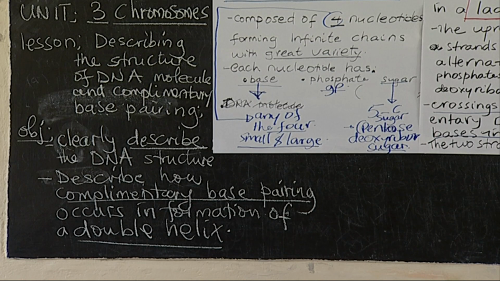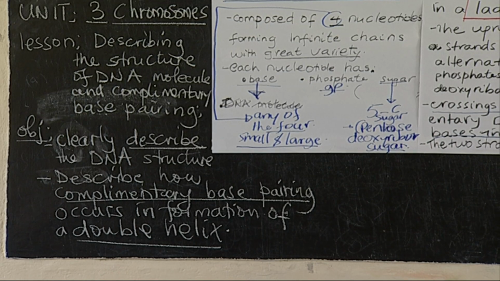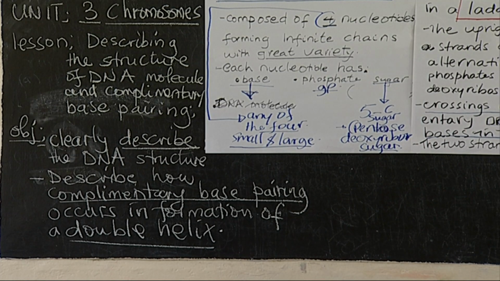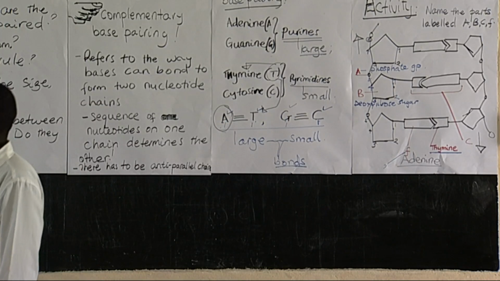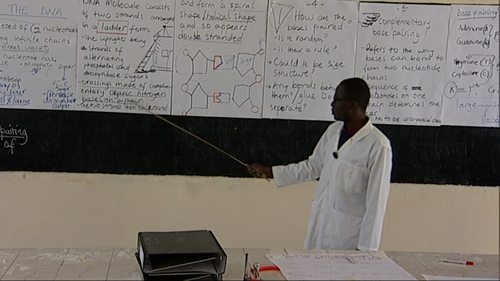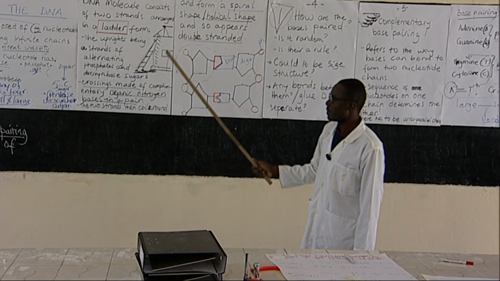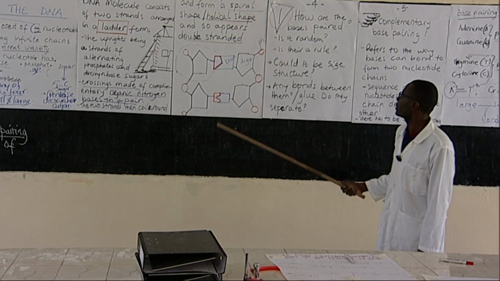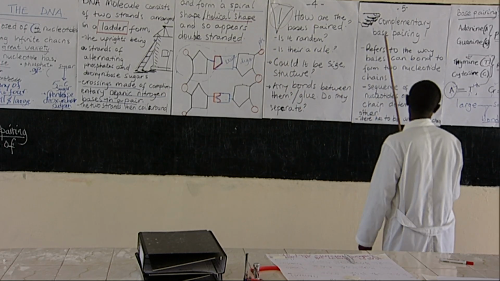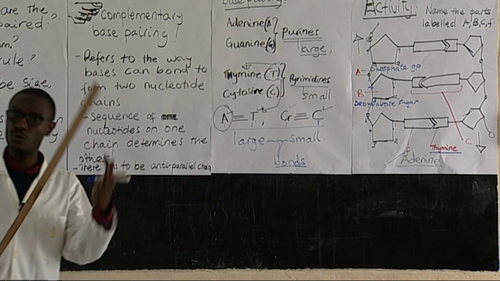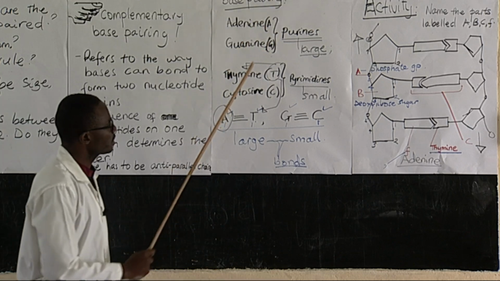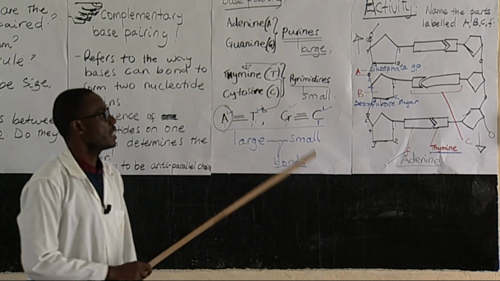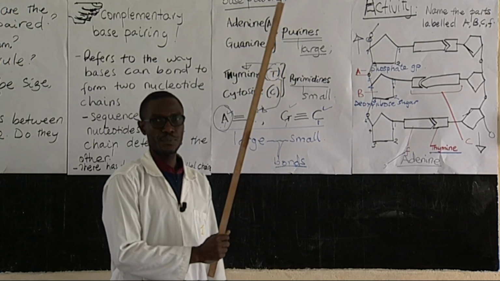To sum it up, we've been able to describe the structure of the DNA, one being looked at in form of a ladder by simple description, composed of uprights and then the crossings of the nitrogen bases. The two coil up together around each other to form a helical shape and so appears double-stranded, as you can see here. Complementary base pairing, the rule still remains the same: A pairs with T, G with C, as we have in the structure here.